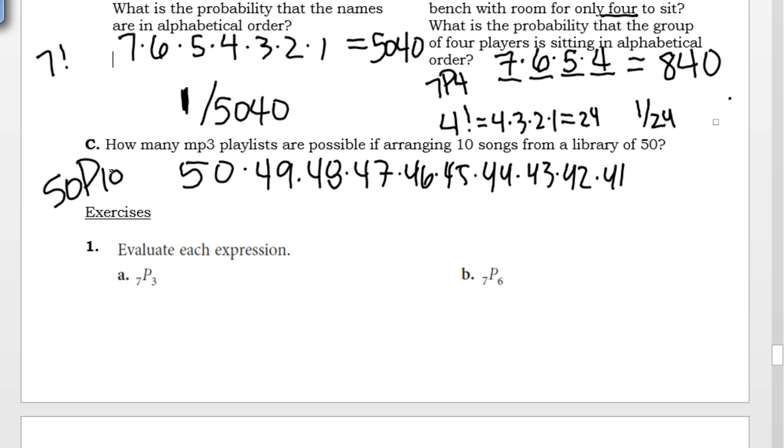So how many playlists can I make then? Using only 10 songs with only 50 to choose from.